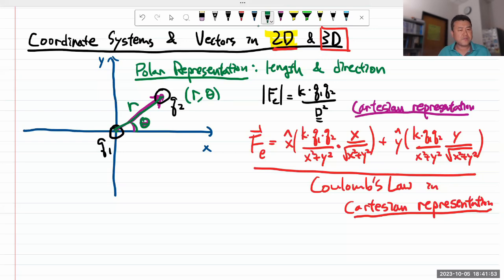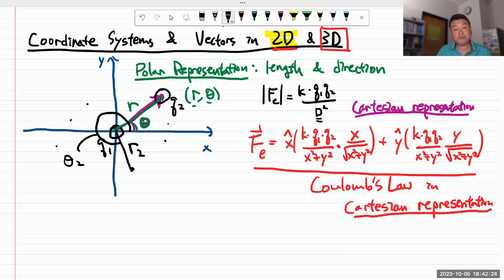And you can imagine how with these two parameters, you can describe any point in this entire two-dimensional plane. If you had a point here, for example, you would have that distance r2, and you would have this angle all the way from here to here, theta 2. And if you wanted to describe a particular point to someone else, you can measure with a ruler and protractor what that length and direction is.